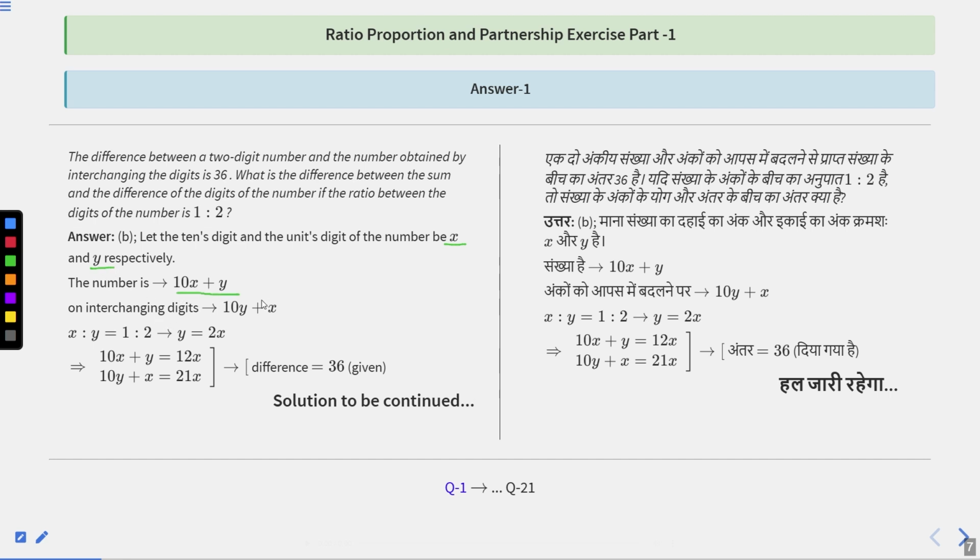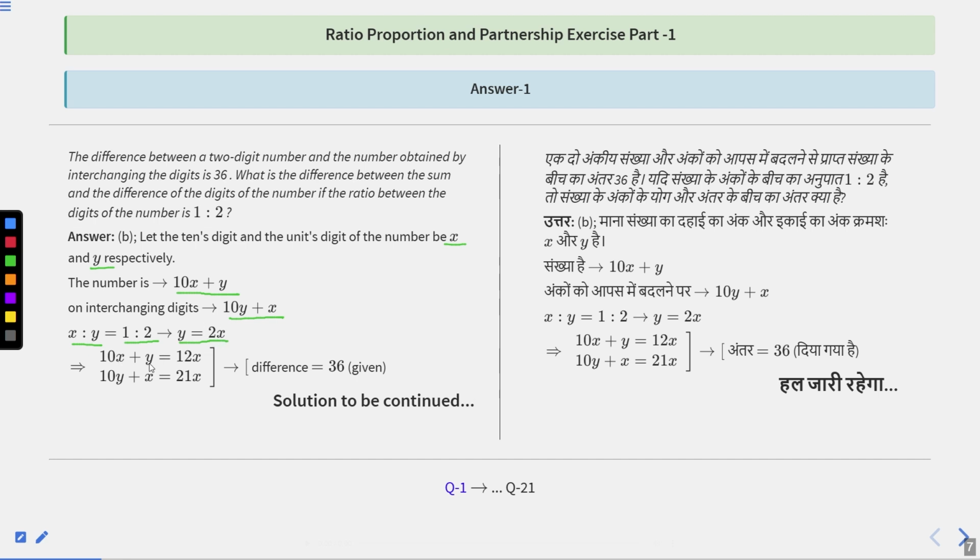On interchanging, it will become 10y plus x. Clear? Now, it is given in the question that the ratio x to y is 1:2. What does it mean? We can say y equals 2x.